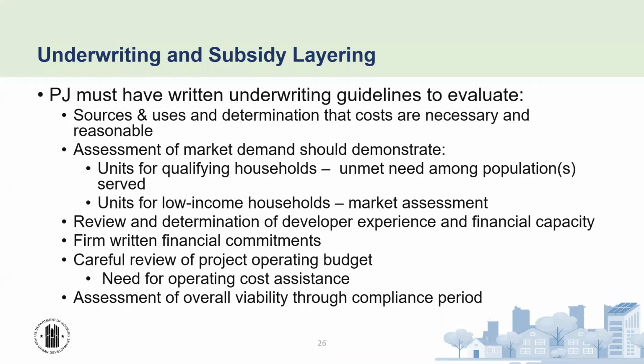Regardless of whether the PJ modifies its existing HOME underwriting guidelines or develops new guidelines from scratch, all HOME-ARP underwriting guidelines have to include an examination of the sources and uses of funds for the project and a determination that costs are reasonable and necessary, including an assessment of the developer fee. Review and determination that the developer has experience developing similar projects and has the financial capacity to undertake the project.